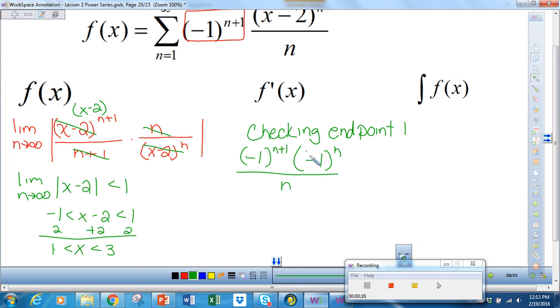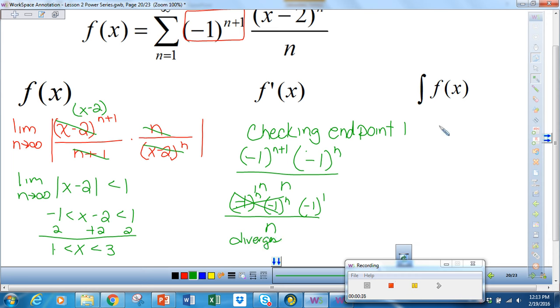So again, this does this weird alternating thing we have to be careful of. I don't think this is going to alternate because I end up with negative 1 to the nth times negative 1 to the nth times negative 1 to the first power over n. Once again, negative 1 to the nth times negative 1 to the nth is just 1 to the nth. This is no longer alternating, so 1 over n diverges, so this diverges.